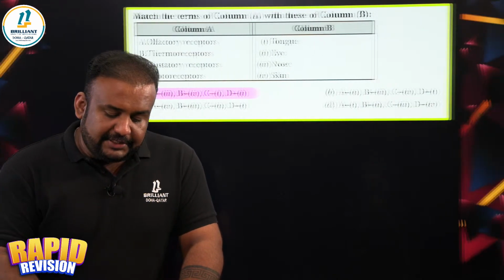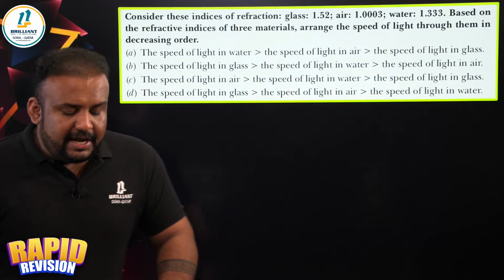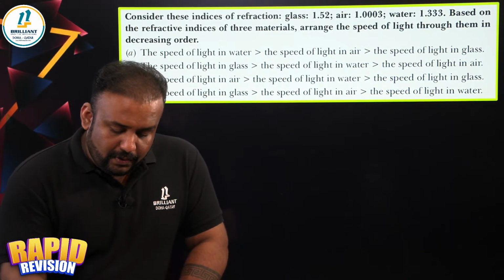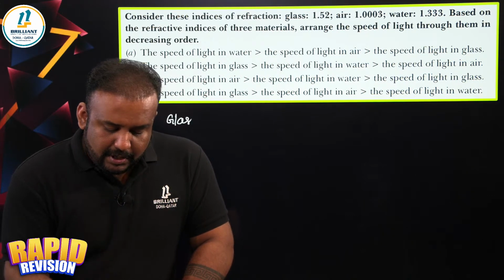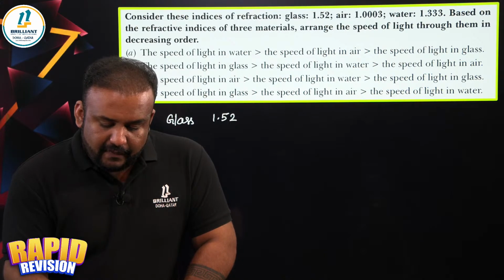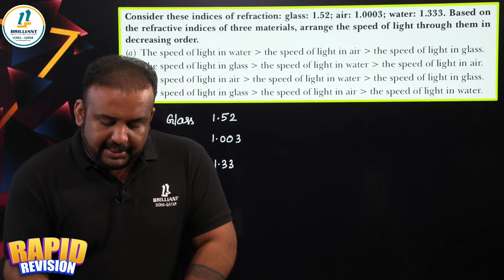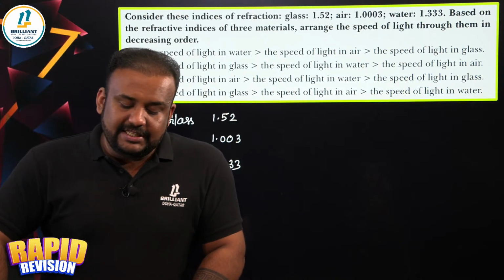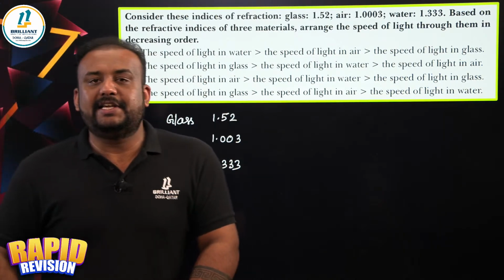Right. The next one. Consider the indices of refraction: glass 1.52, air 1.003, water 1.333. Based on the refractive indices of the three materials, arrange the speed of light through them in decreasing order.